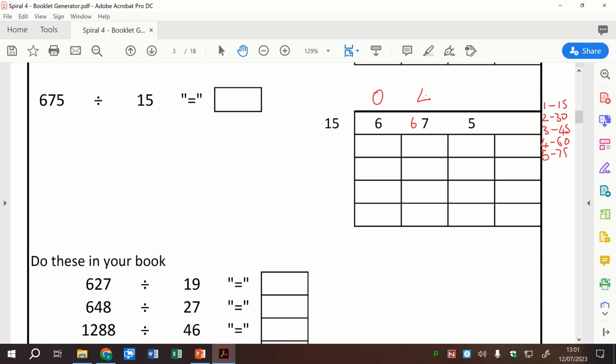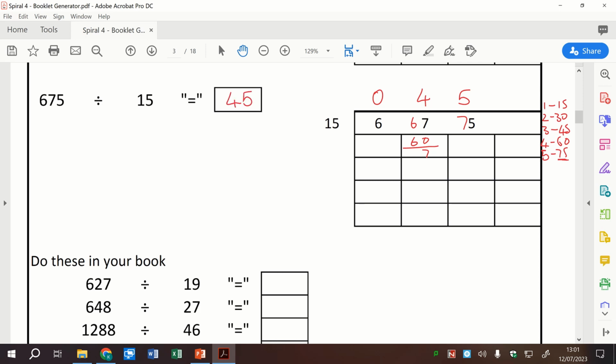Well, the answer is 4, and 4 times that is 60, so I'm going to take that away and I've got 7 remainder. So my 7 remainder goes in front of the 5 up there, and I now look at 15 into 75. I've already got it, it's just there, the answer is 5.